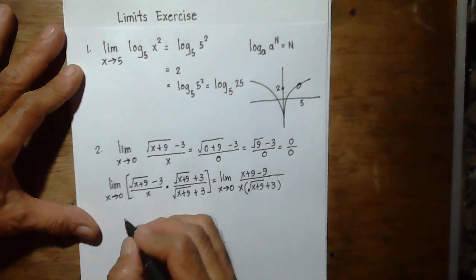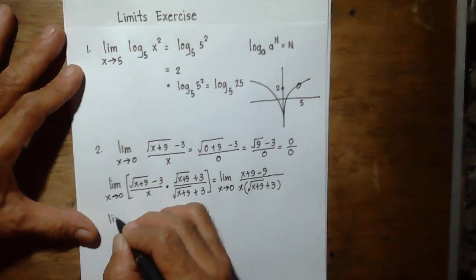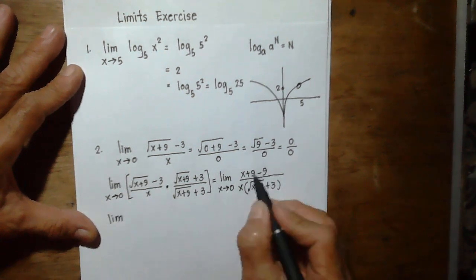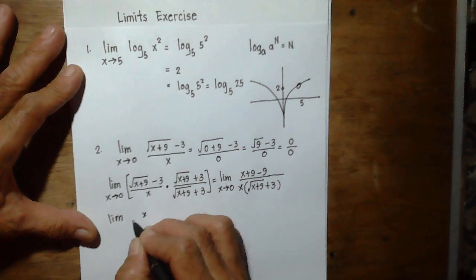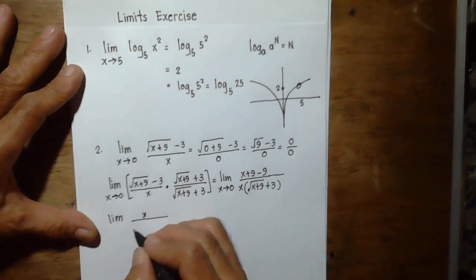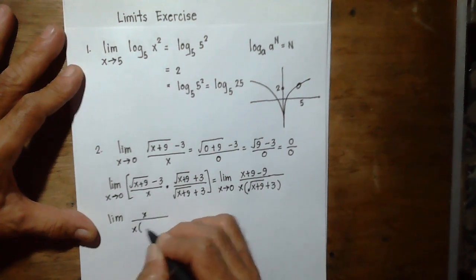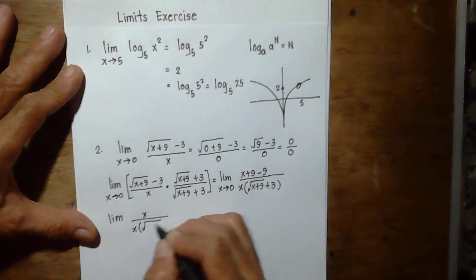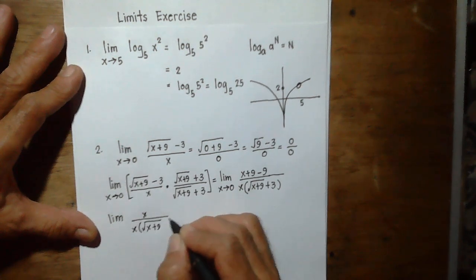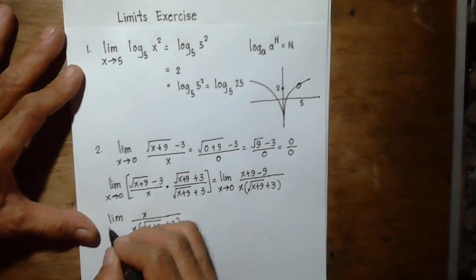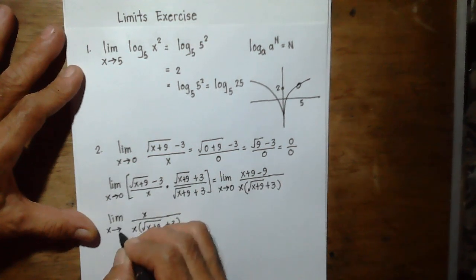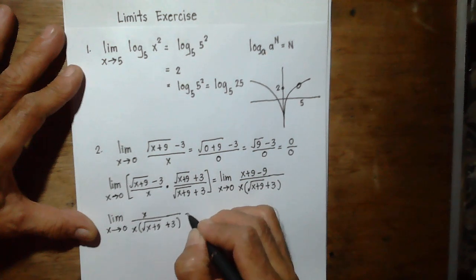Now, simplifying this further, we get 9 minus 9 is 0. So we get x for the numerator. And then we have here the denominator, x times square root of x plus 9 plus 3 as x approaches 0.